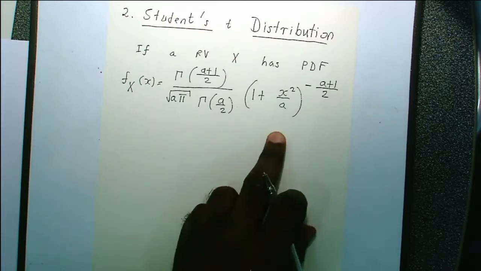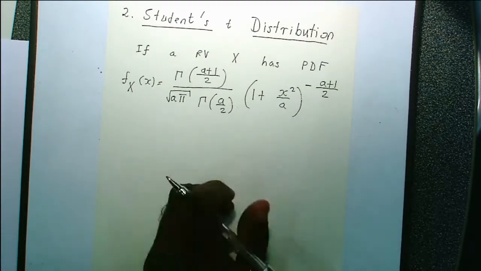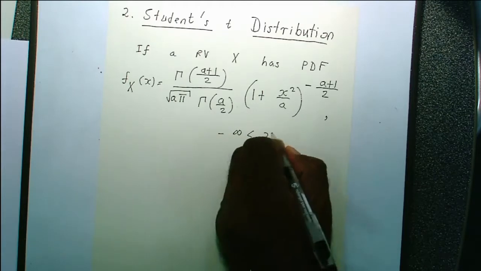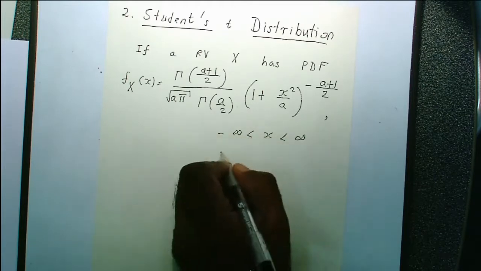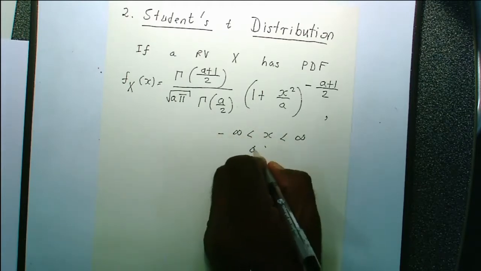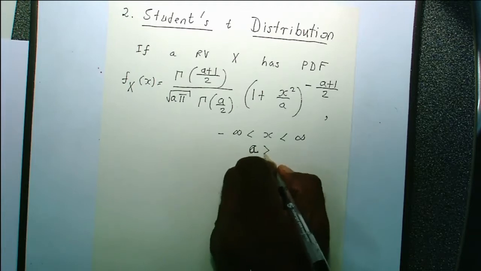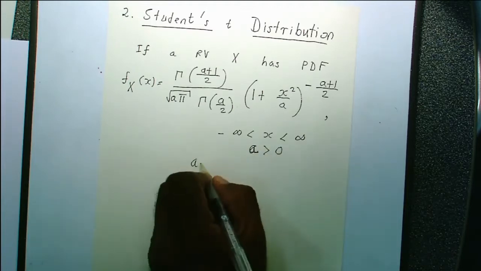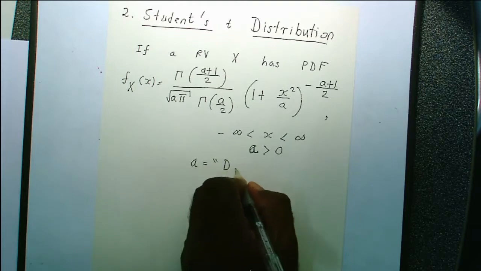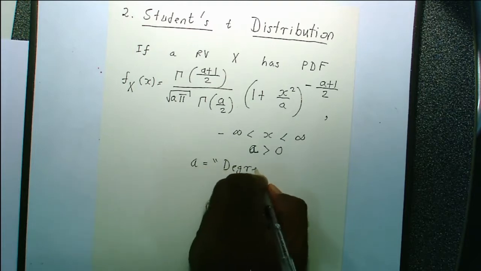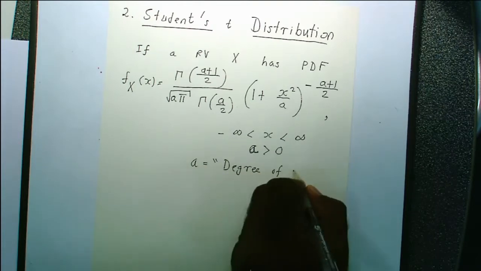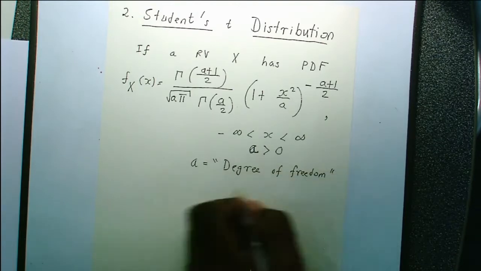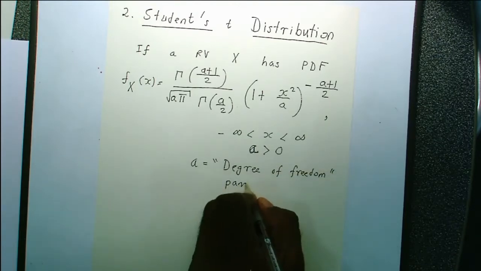This is the PDF of the student's T distribution, and it is defined from minus infinity to plus infinity. And A is a positive parameter, and once again it is referred to as the degree of freedom parameter.